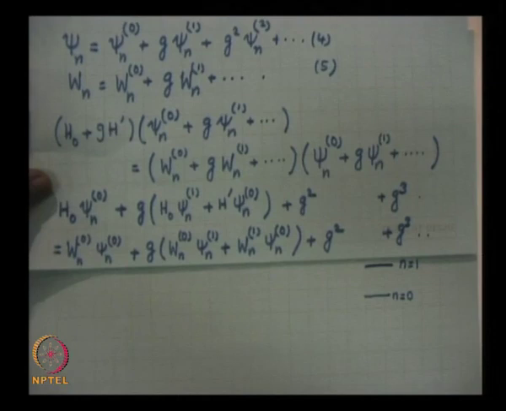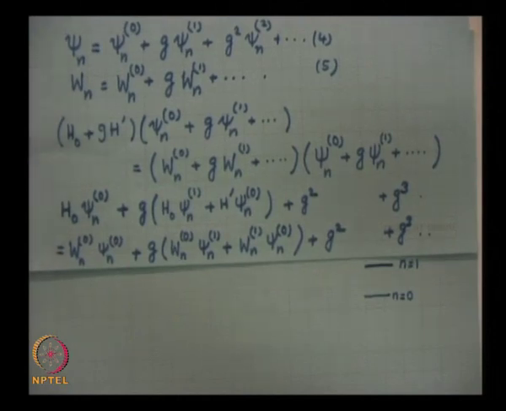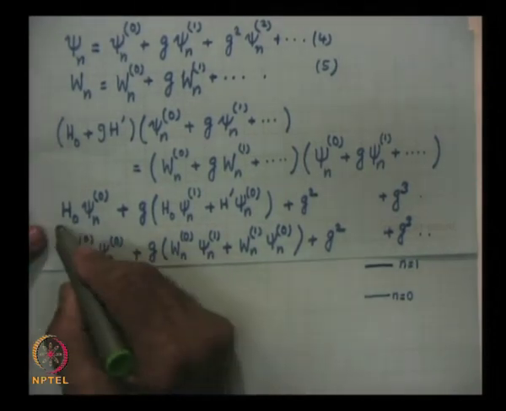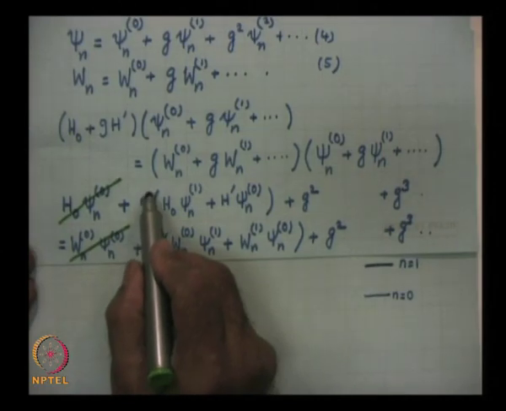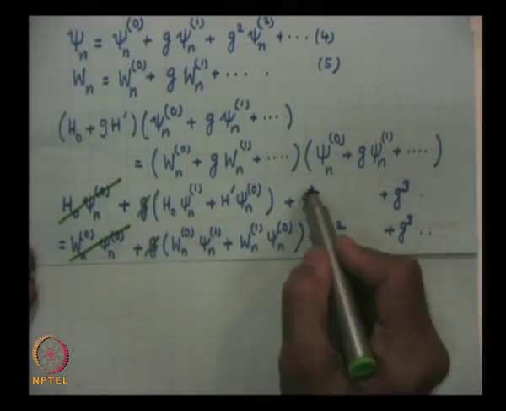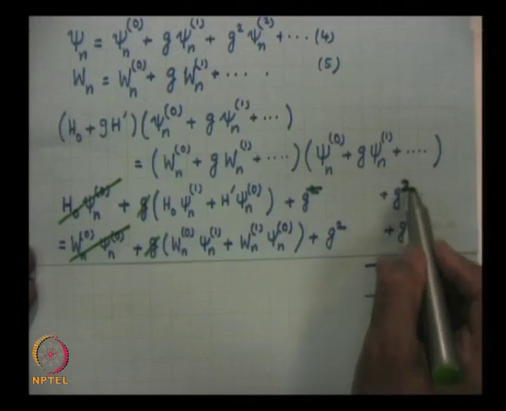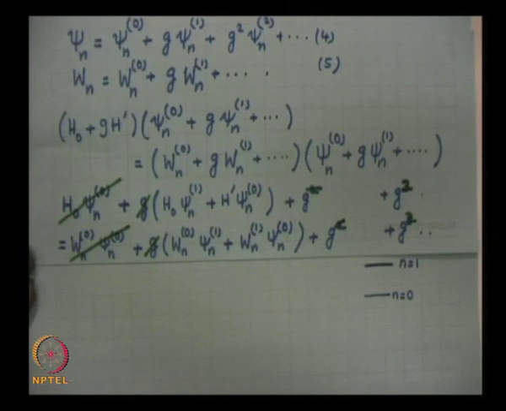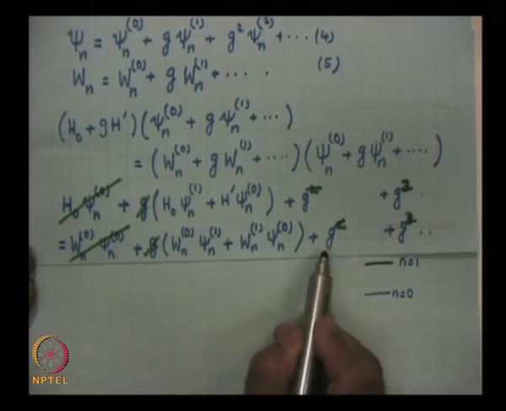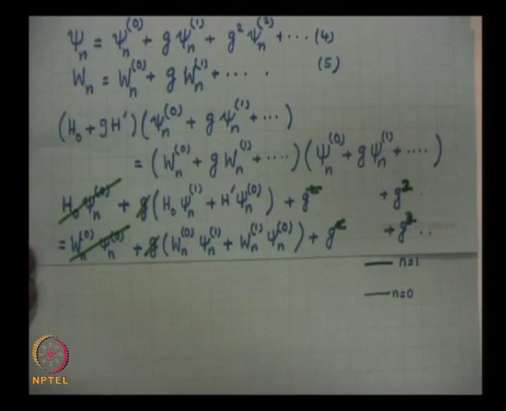Now, we said that this term is equal to this term. So, these two terms cancel out, then we divide the whole equation by g. This goes out, this goes out, and this becomes g square and g. If I now make g tend to 0, then this is the first order term.